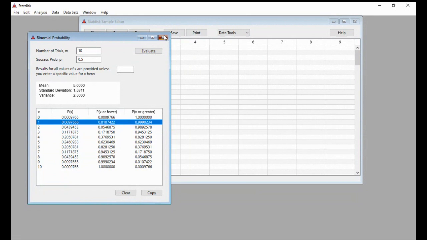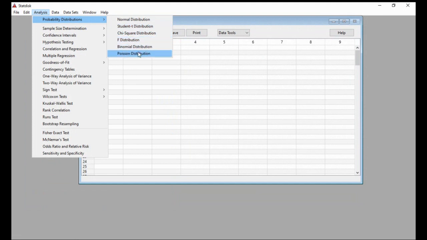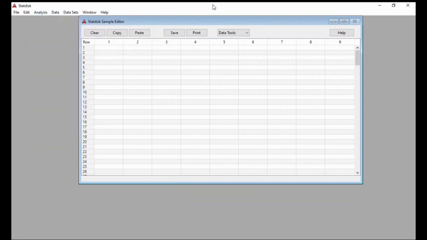Also, we have here the Poisson probability. We need to study Poisson. What does that Poisson mean? We're going to just review binomial and Poisson. There are two parts.